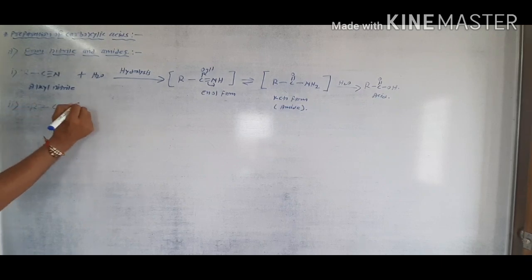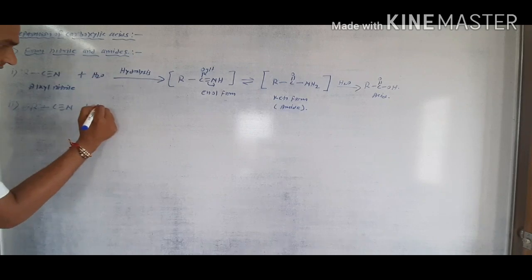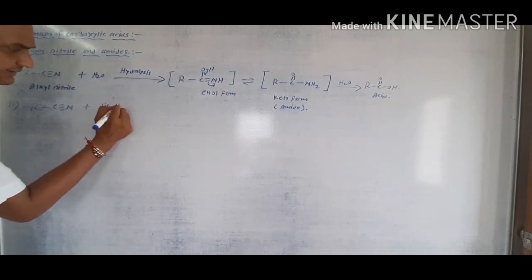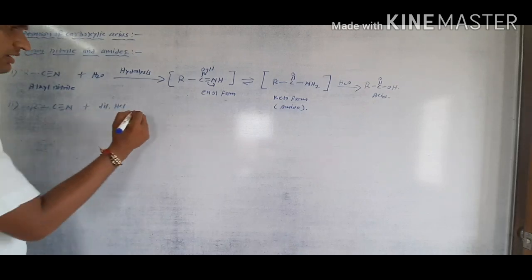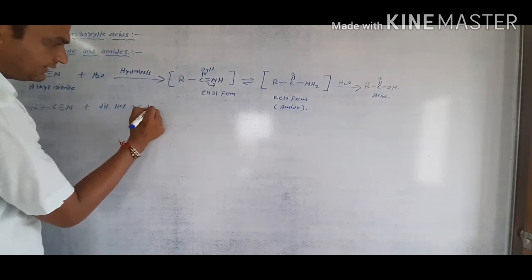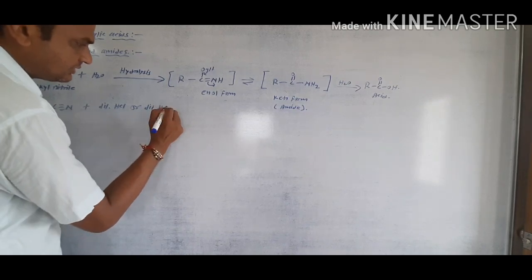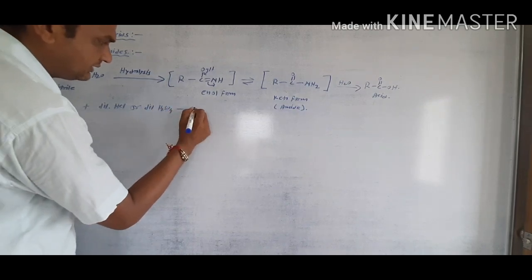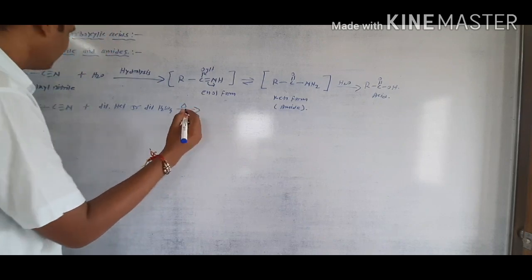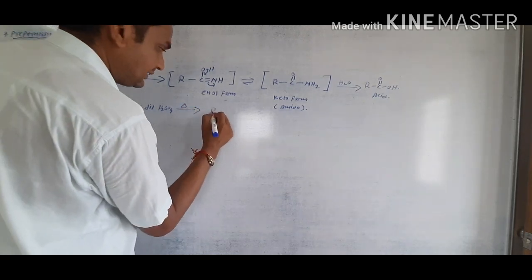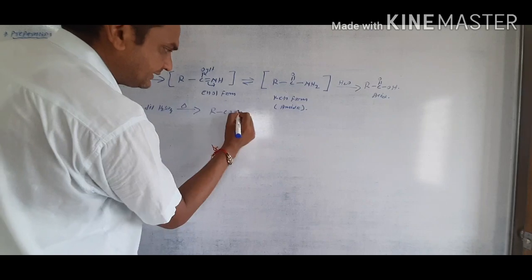In the second method, alkyl nitriles are hydrolyzed with a mineral acid like HCl or dilute H2SO4 and directly give the carboxylic acid.